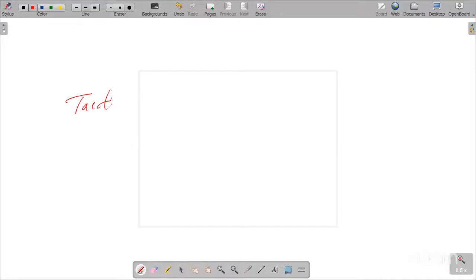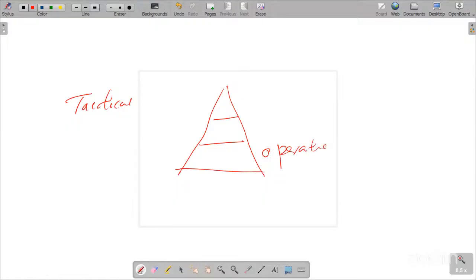Tactical managers. In the managerial hierarchy, we can identify 3 main layers, right? Operational, tactical, and strategic. Operational level means they are making decisions for day-to-day operations. Team leaders, supervisors, foremen are included in the operational level.